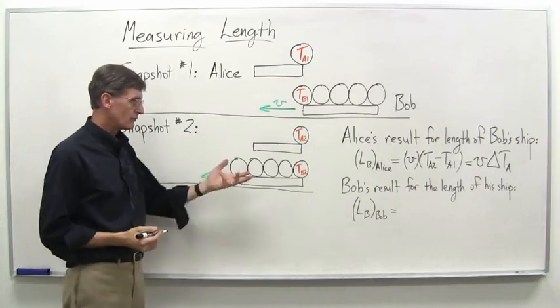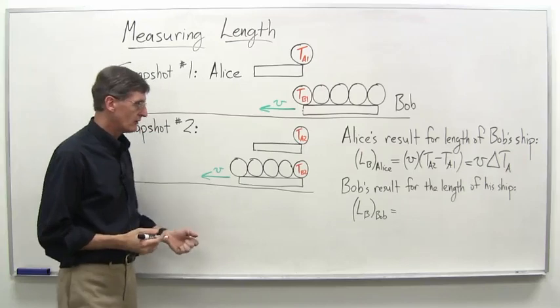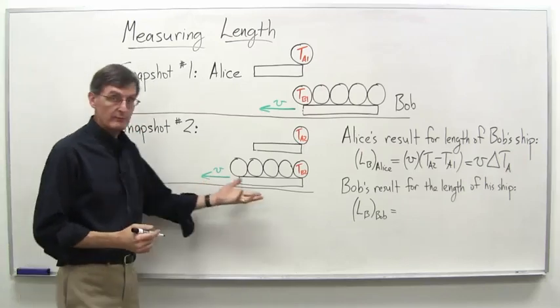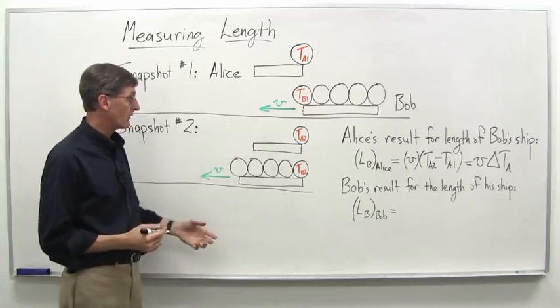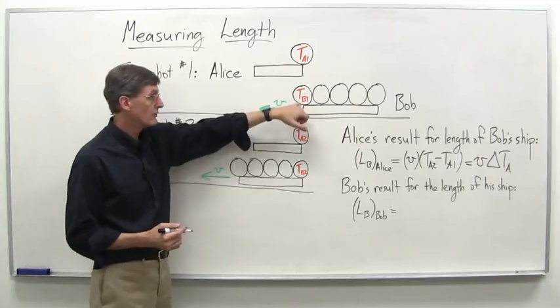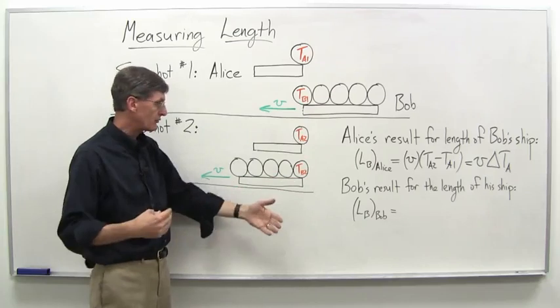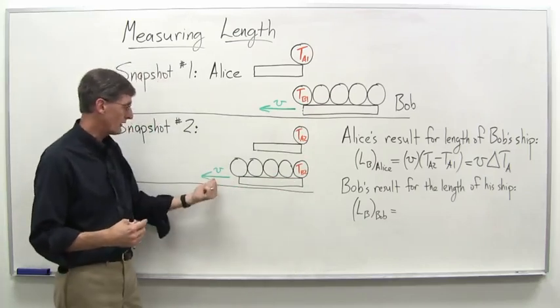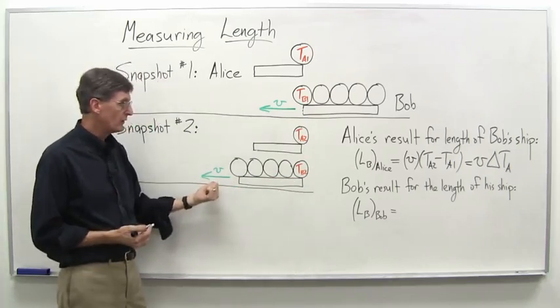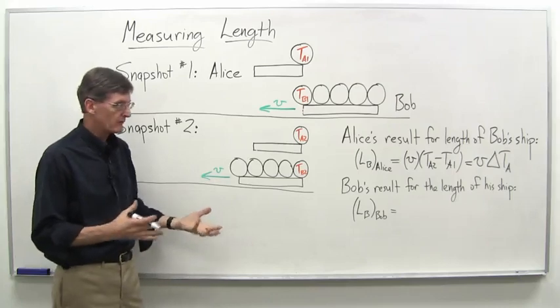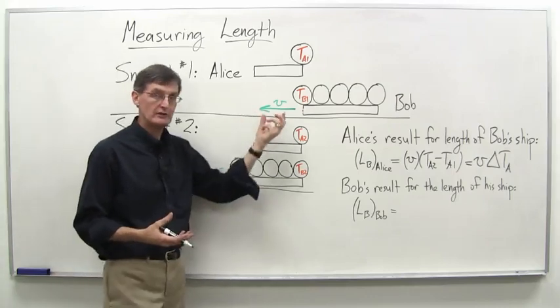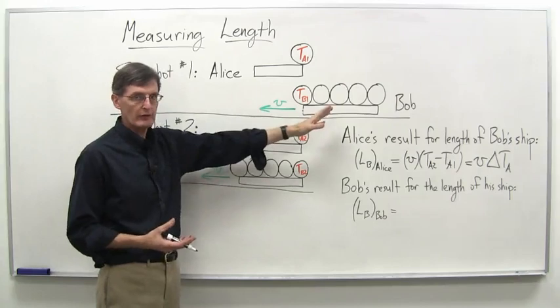And then Bob says, well, I can also get the length of my ship from our little experiment because the photographs record TB1 and TB2. So that's my elapsed time in terms of my clocks. I know I'm going at a velocity v, or really, you could think of it from his perspective as if he's at rest and Alice is going by.